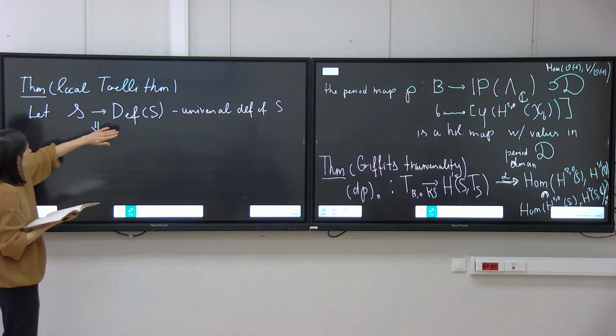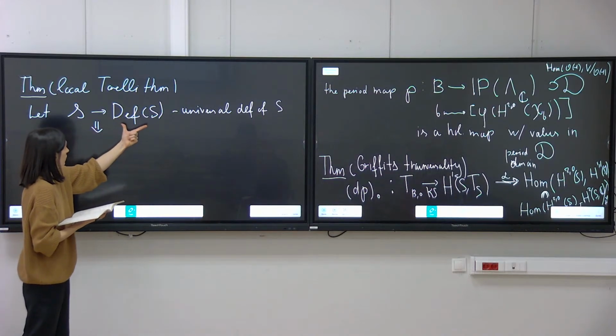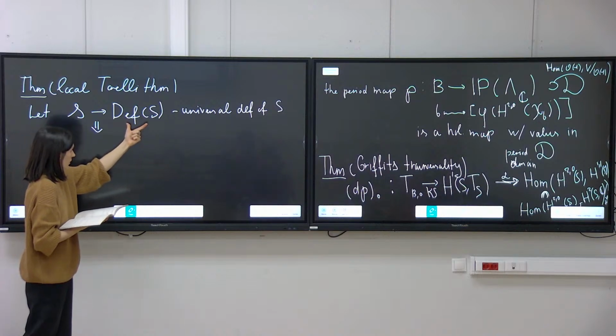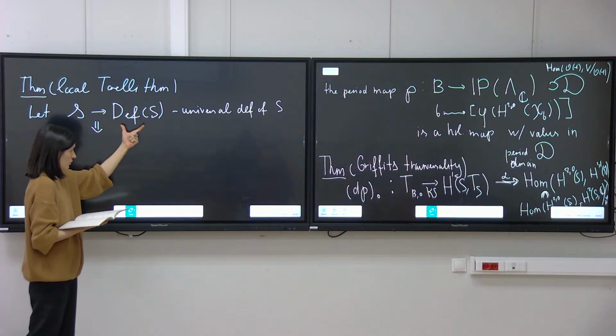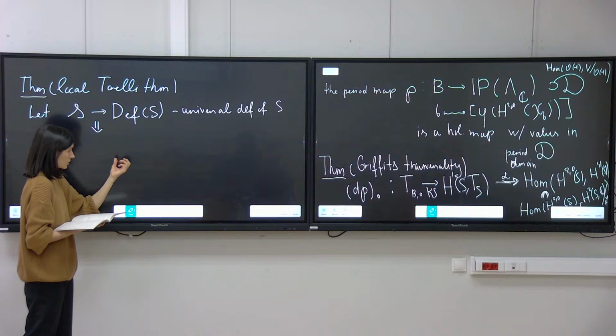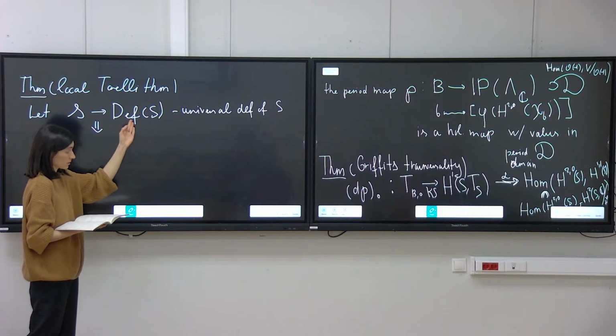And in fact, I will explain in a minute, we can take and consider the universal deformation as some open small disk in 20-dimensional complex space.